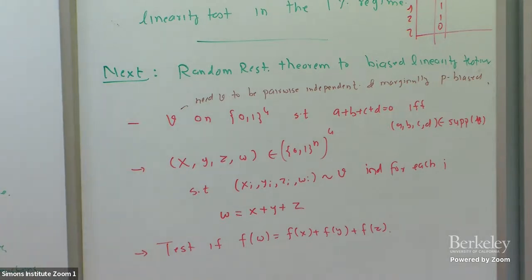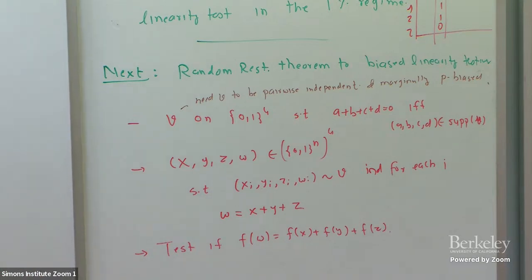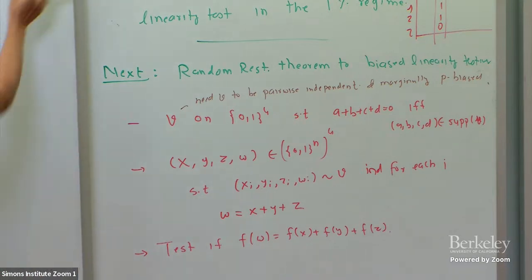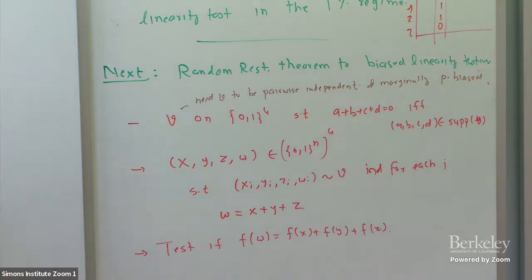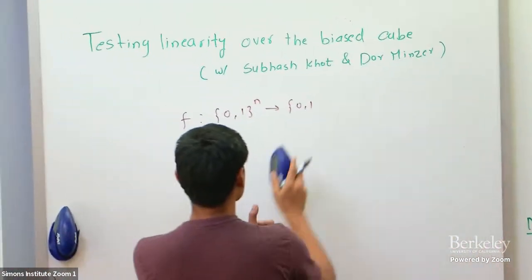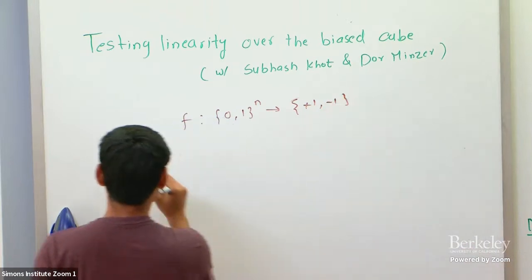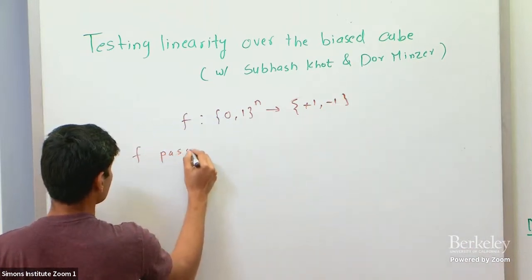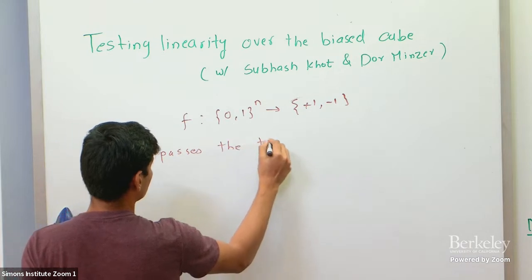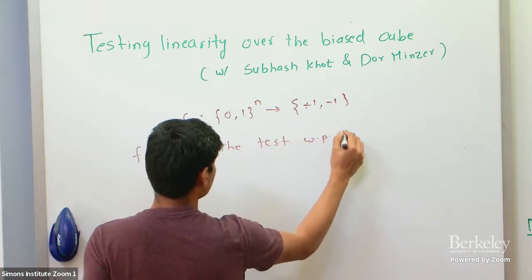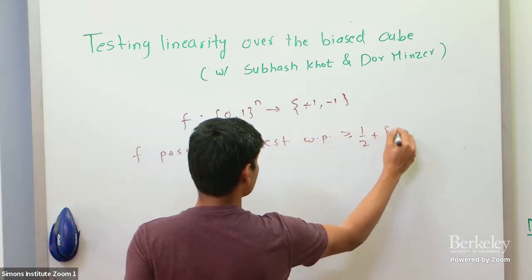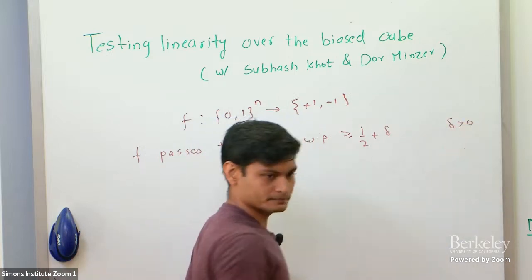Now let's say we have this function given, and in this case I'll switch to the +1/-1 world, and f passes the test with probability at least half plus delta, where delta is some constant greater than 0.